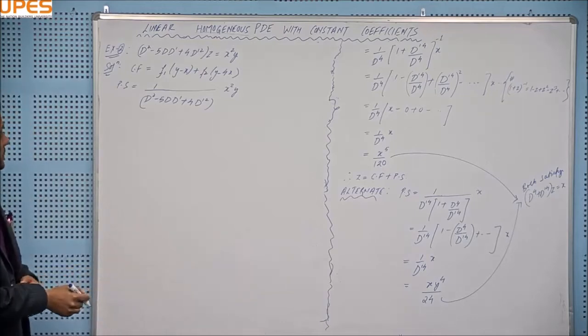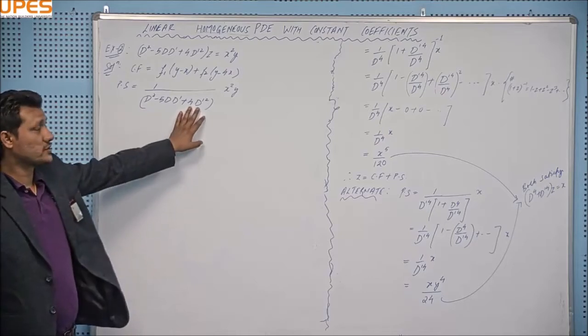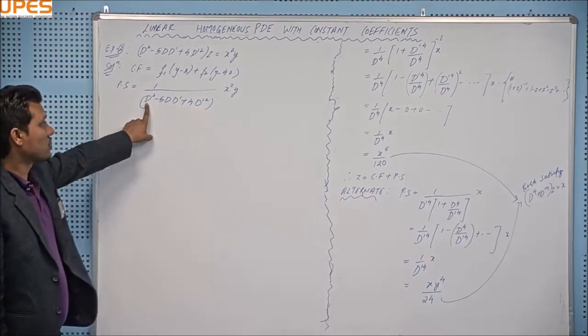Right. Okay. So again, there are two ways to do it. Either you take 4D'^2 common, or you take D square common.